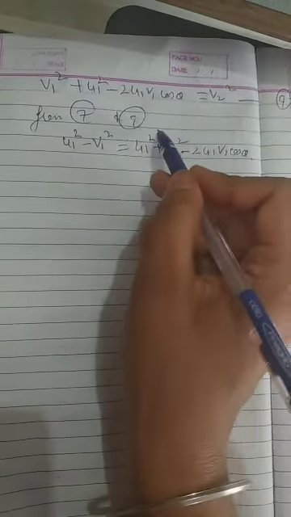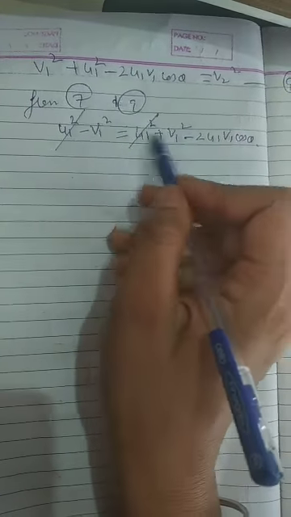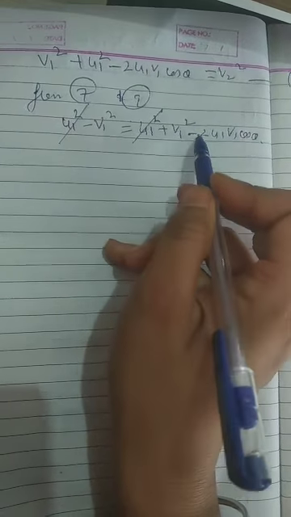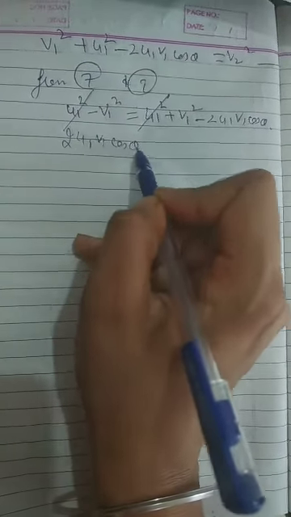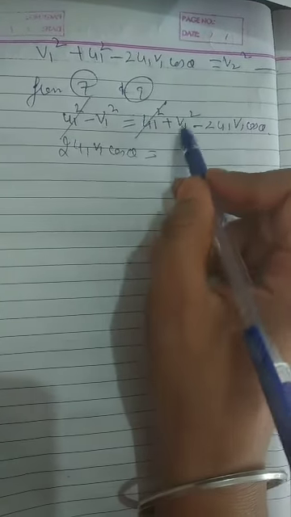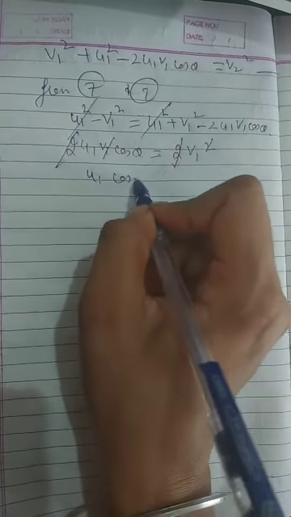Now in this equation u1 square and u1 square will cancel out. Clear? So we will take this term to the right hand side and this to the left hand side. 2 u1 v1 cos of theta will be equal to 2 v1 square. 2 and 2 cancel, one v and v cancel. It will be u1 cos of theta equal to v1.